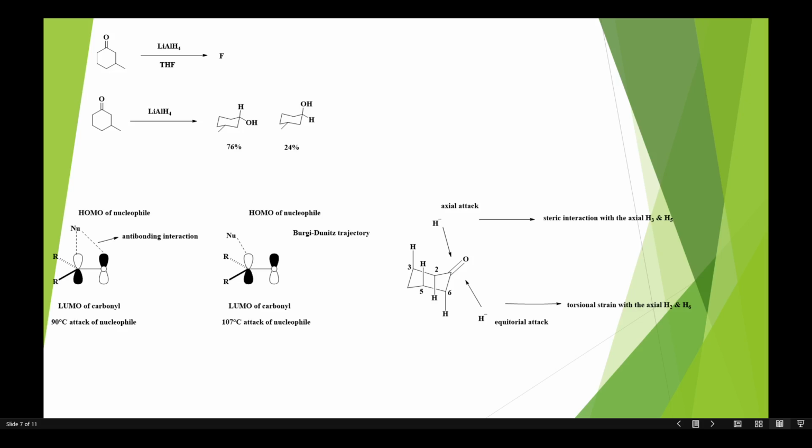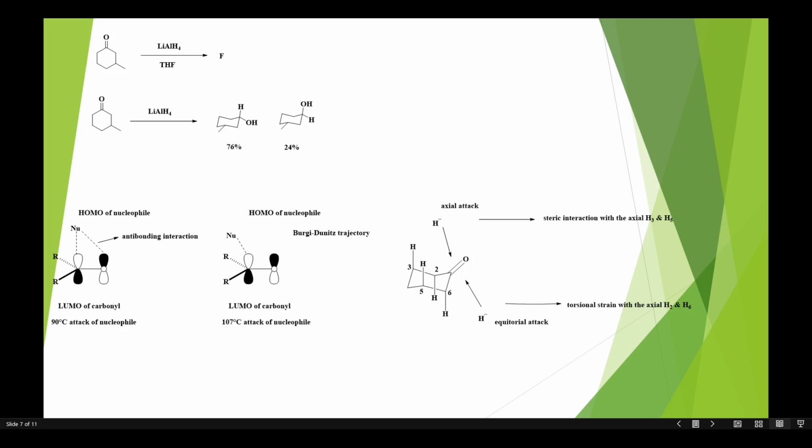And in some cases there is a borderline where both axial and equatorial attack will happen. You have to remember which kind of nucleophile gives which result, because there is also a medium kind of nucleophile, and in that case both products are possible, like 50 to 50%.